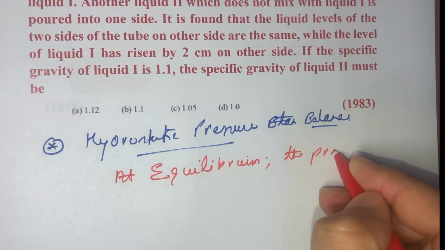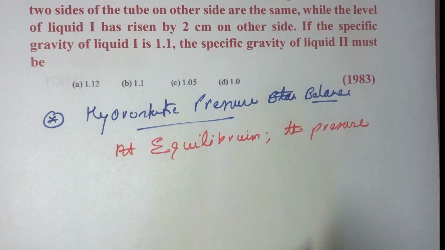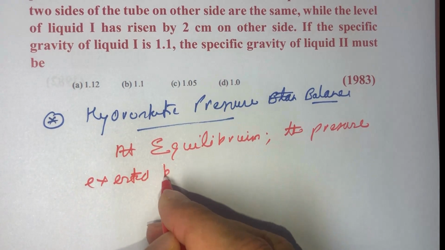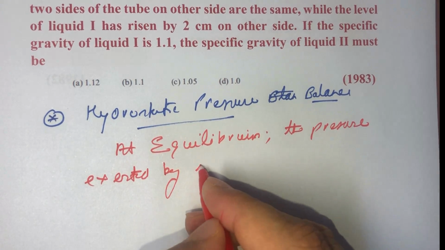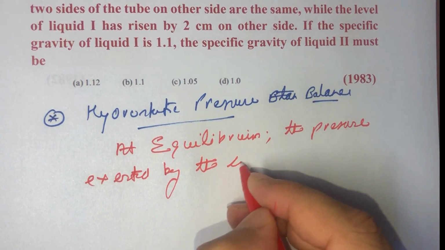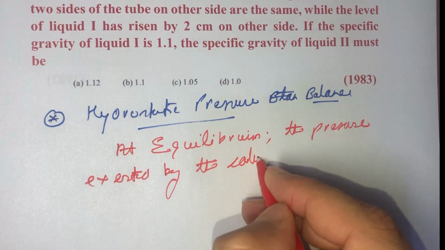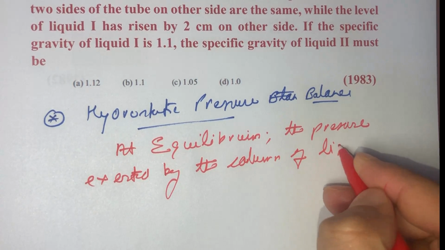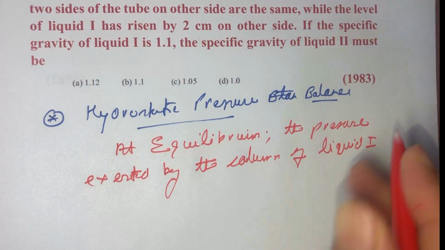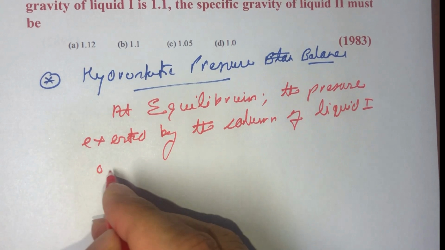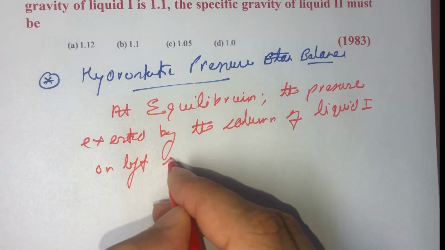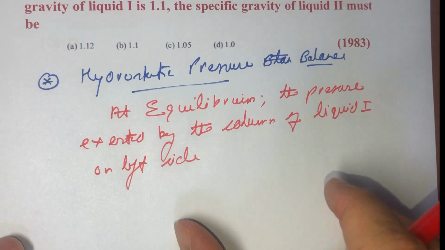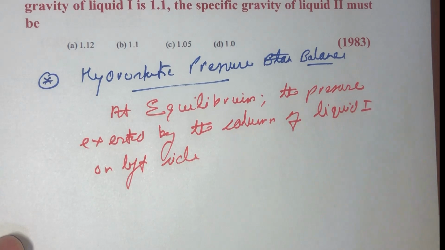So you can say at equilibrium, the pressure exerted by the column of liquid 1 on the left side, and this we have assumed because column 1 is already there in the tube and liquid 2 is poured from the right side.